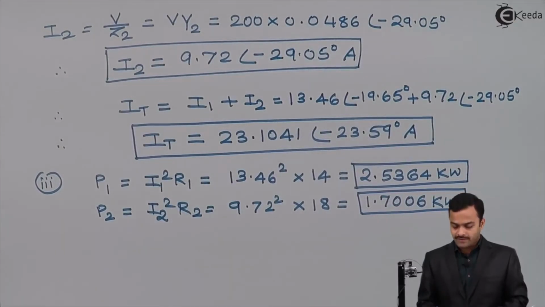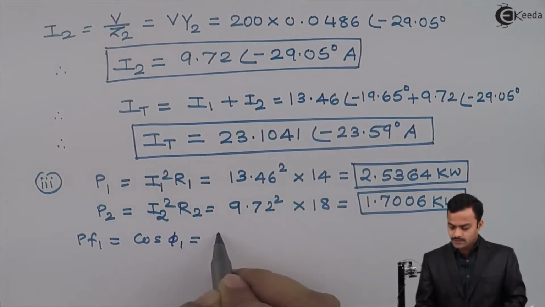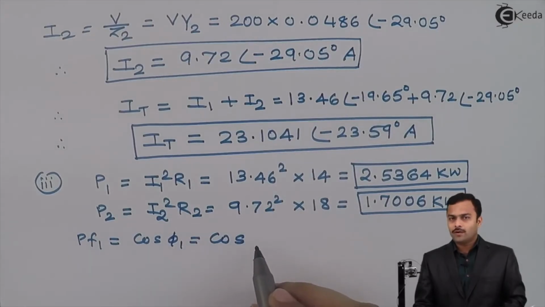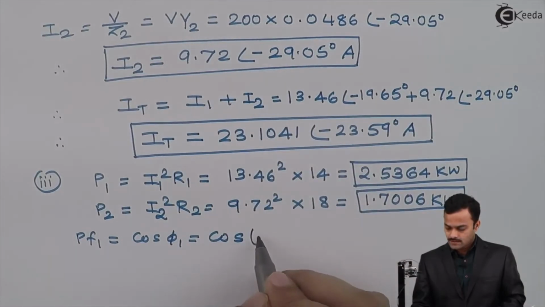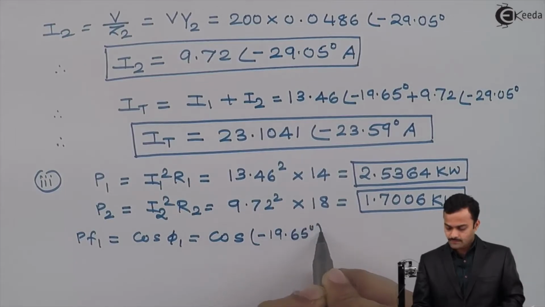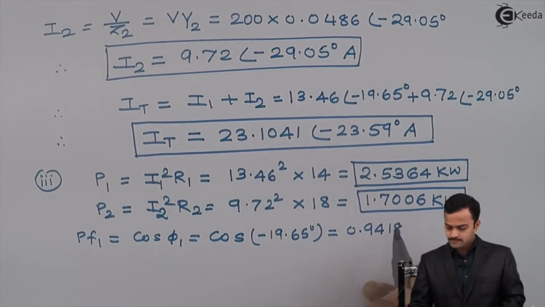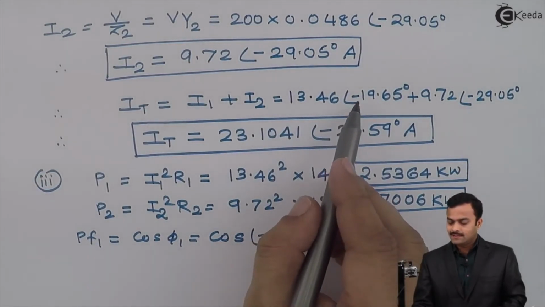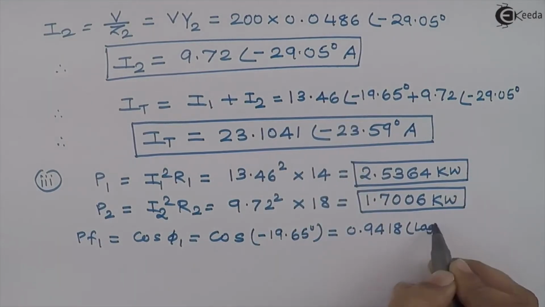Now let's calculate the power factor. Power factor 1 is cos phi 1, where phi 1 is the angle of I1, that is minus 19.65. That will give me the answer 0.9418. Since current lags because of the minus sign, the nature of power factor is lagging.